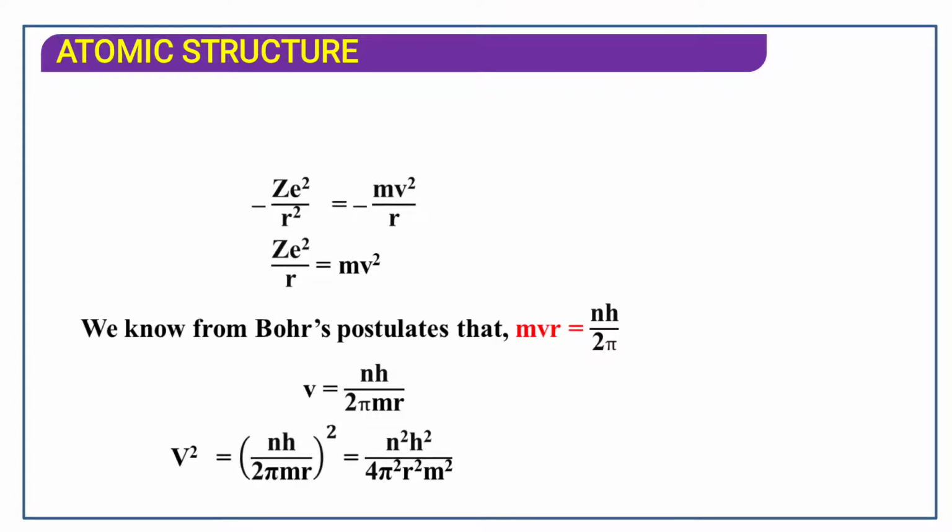According to this, we can get v is equal to nh upon 2 pi mr. The m and r can be shifted to the denominator. So we get the value for velocity, v is equal to nh upon 2 pi mr. This value for v we can substitute over here in v square, so it becomes nh upon 2 pi mr whole square.